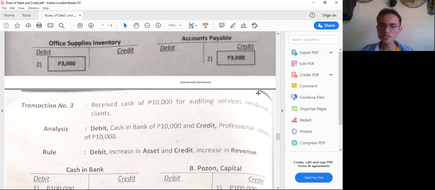Now, when services are rendered, therefore income is earned. That's why you credited professional income. For certain books, you might be using service income, which is okay, but we can also be specific in our account titles.